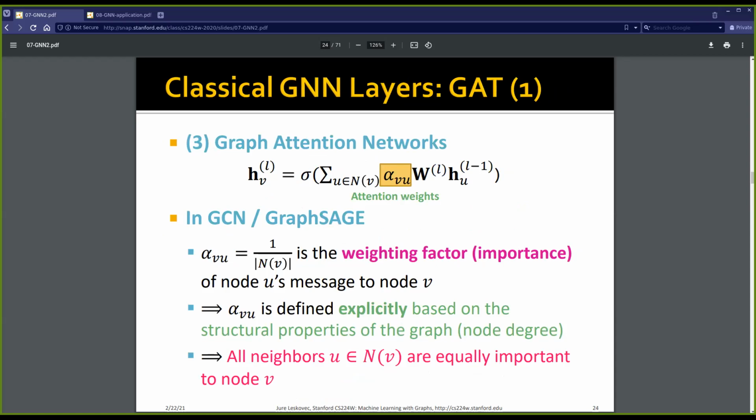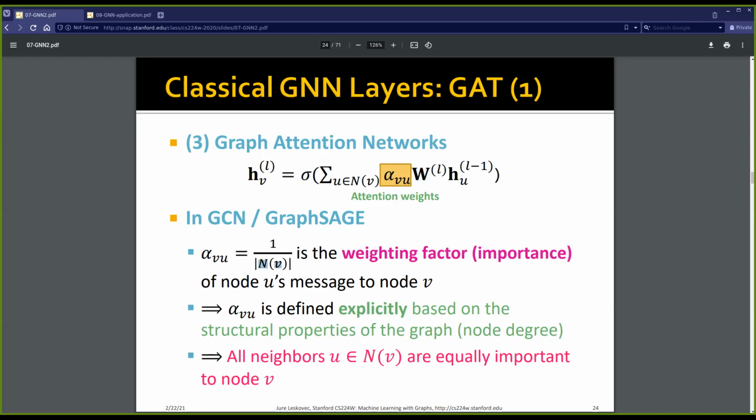And the last architecture we want to talk about are graph attention networks, where the authors saw that if you do such an aggregation and message passing, then, for example, in GCN and GraphSage, what you do for these weights, how you combine the messages, is that you assign a constant factor or a deterministic factor right here.